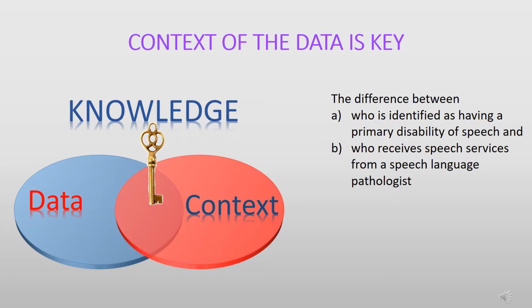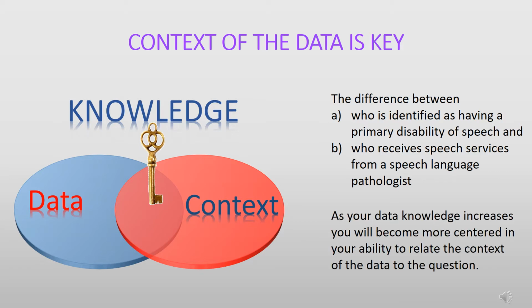However, if you collect the disability code and who actually receives speech services from a speech-language pathologist, you can answer both questions. As your data knowledge increases, you will become more centered in your ability to relate the context of the data to the question, data collection, and analysis.